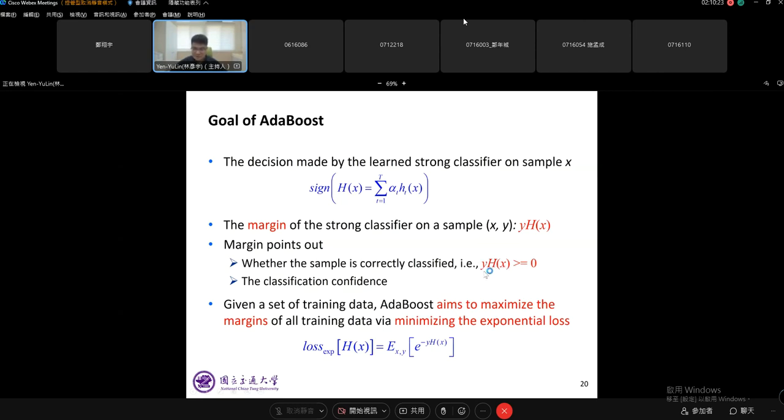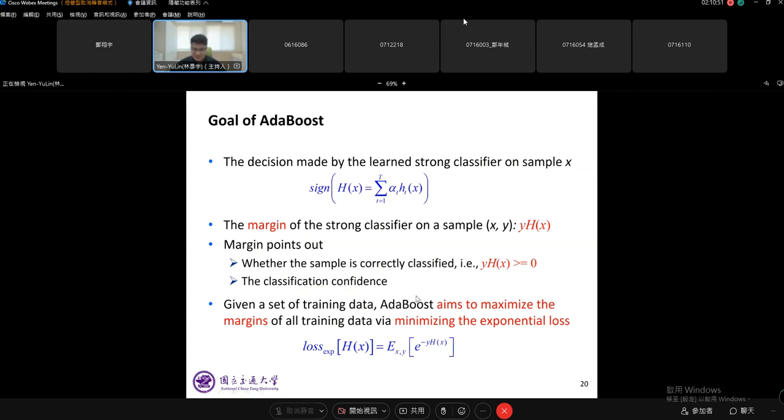Actually, this margin is defined for one particular data point. If we want to consider the whole data set, we can calculate the sum of margin for all the training data points. Okay, this is the definition of margin. AdaBoost does not directly consider margin.